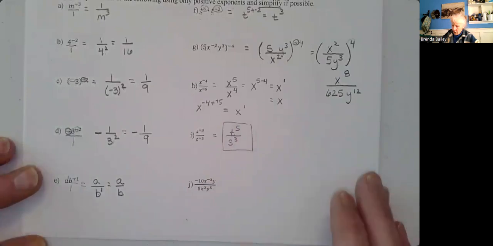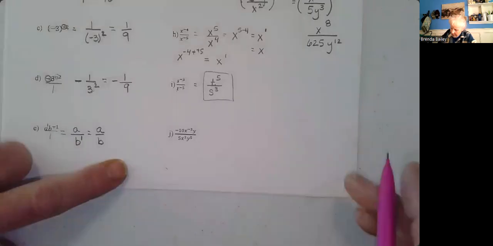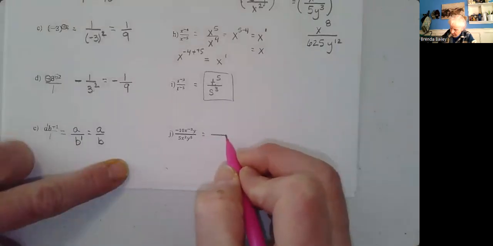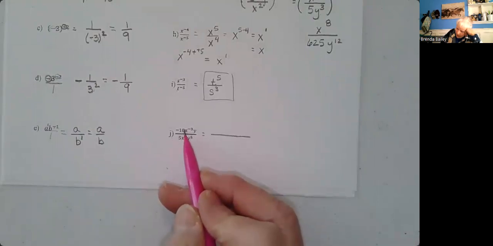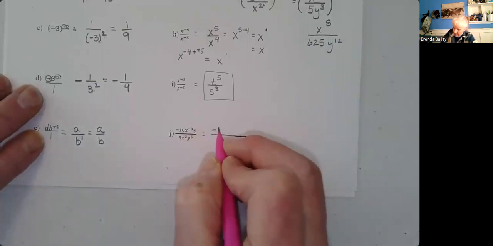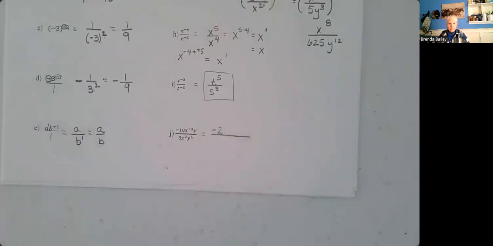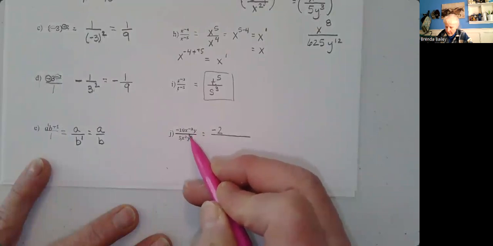Okay, let's look at J. Given this problem here, a couple of ways you could do this. First off, -10/5. These will reduce down to a -2 in the numerator, okay? And then the 5, it's a 1 in the denominator. Okay, you could bring this x down and then make that positive.